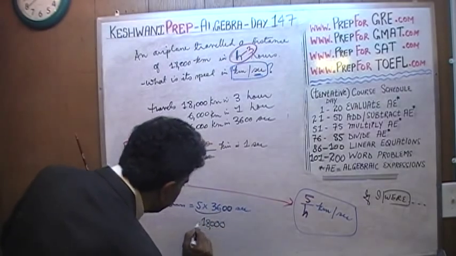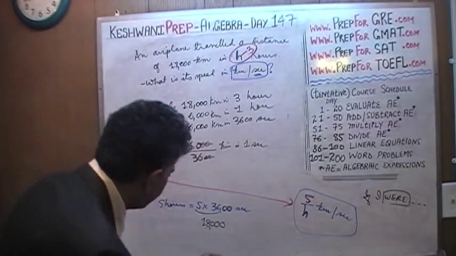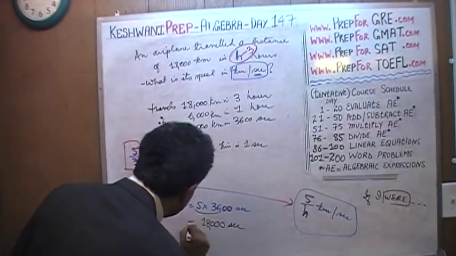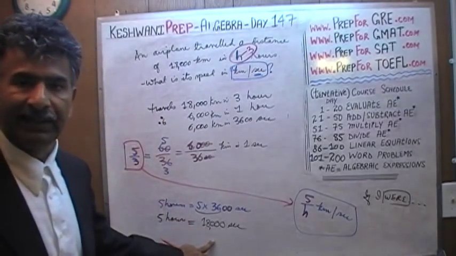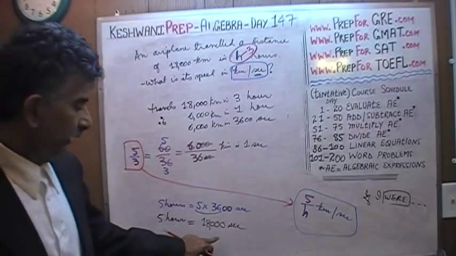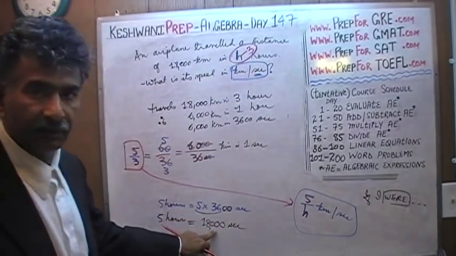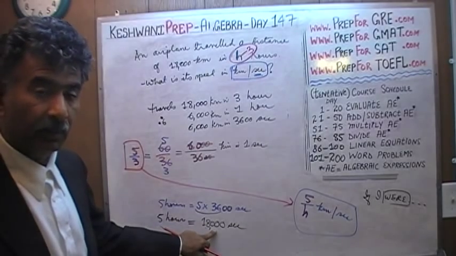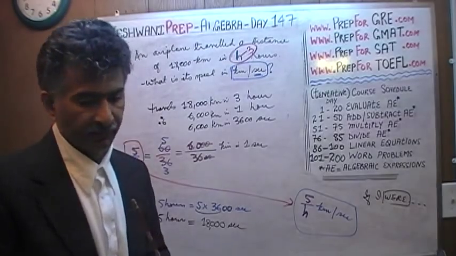Voila, you see? What we're saying is that 5 hours is made up of exactly 18,000 seconds, and if it travels 18,000 kilometers in 18,000 seconds, then that airplane would have gone on average a kilometer every second.